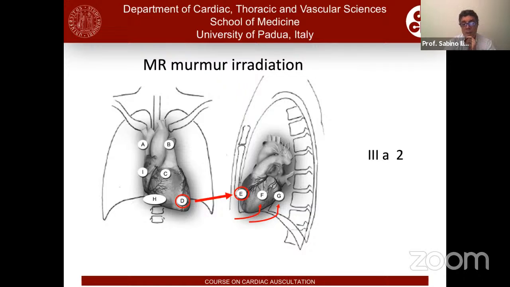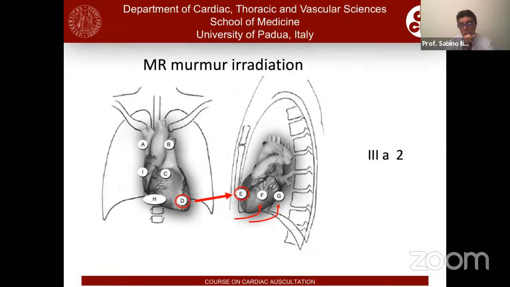And we are helped in that instance by the quality of the sound. Because a systolic murmur that is very strong here and less here could even be a systolic ejection murmur, like, for example, in hypertrophic obstructive cardiomyopathy. But the type of the murmur will help us.